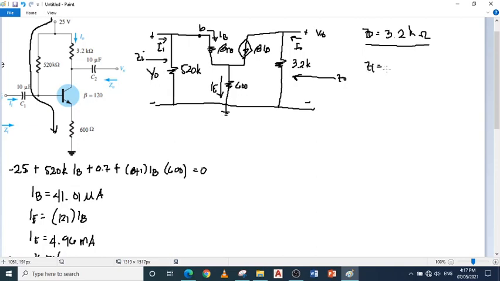And for ZI, ang ZI natin is RB in parallel with ZB, di ba?